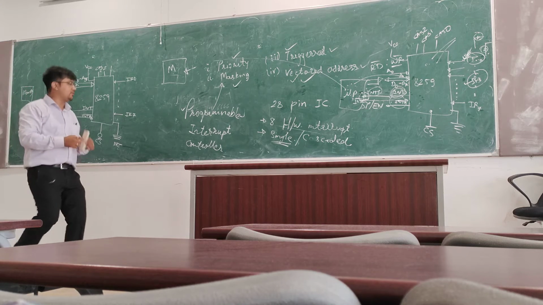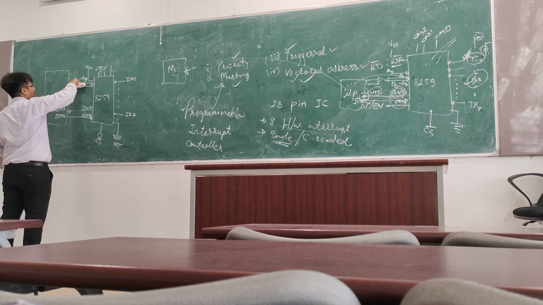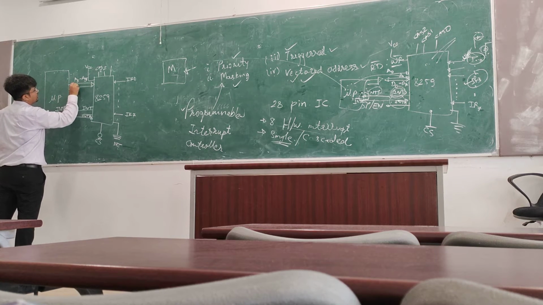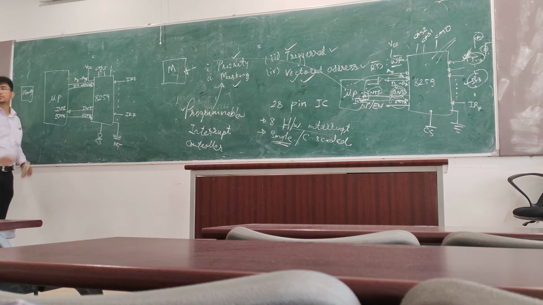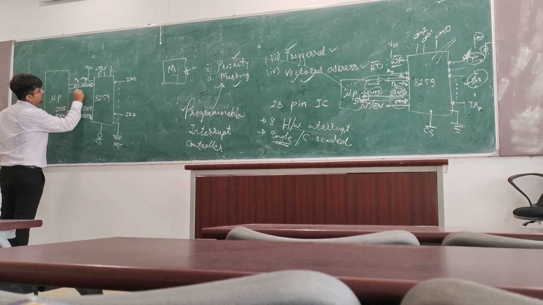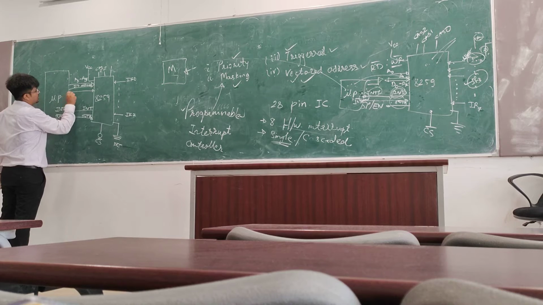और नॉट वेक्टर एड्रेस. This is said as a normal IO address. Okay, it will be 8-bit. It will be 8-bit address. There is A0.